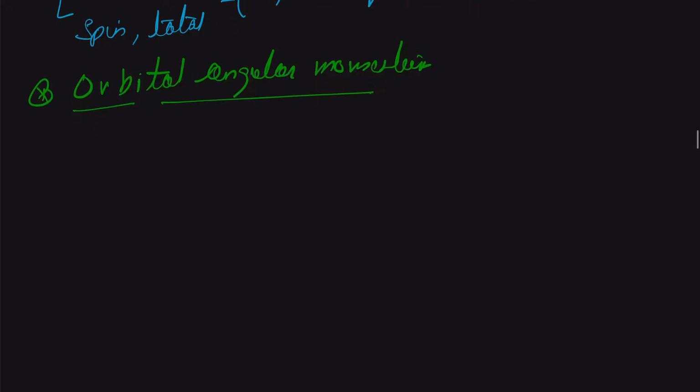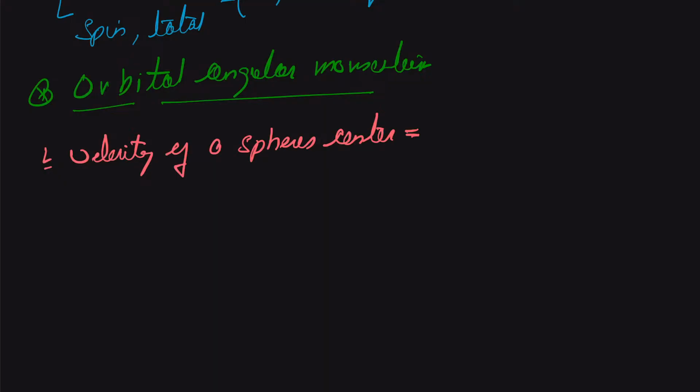So the velocity of the sphere's center, v, is omega cross r.